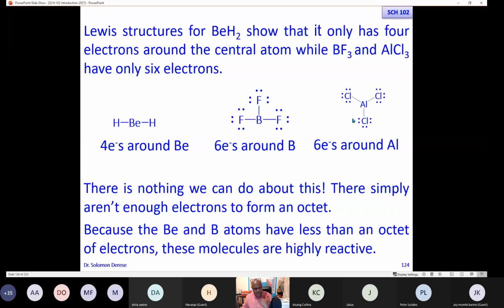They are very highly reactive. By reacting with other elements, electrons are donated to the boron or to the aluminum so that they can have an octet of electrons. So this is the first exception to the octet rule.